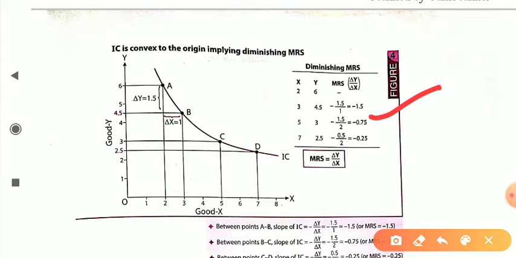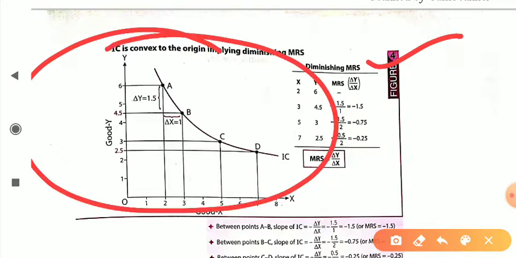By doing this you will easily get your MRS, marginal rate of substitution, change in good y divided by change in good x. Okay student, and when you plot, you will get your indifference curve, negatively sloping downward in convex shape.